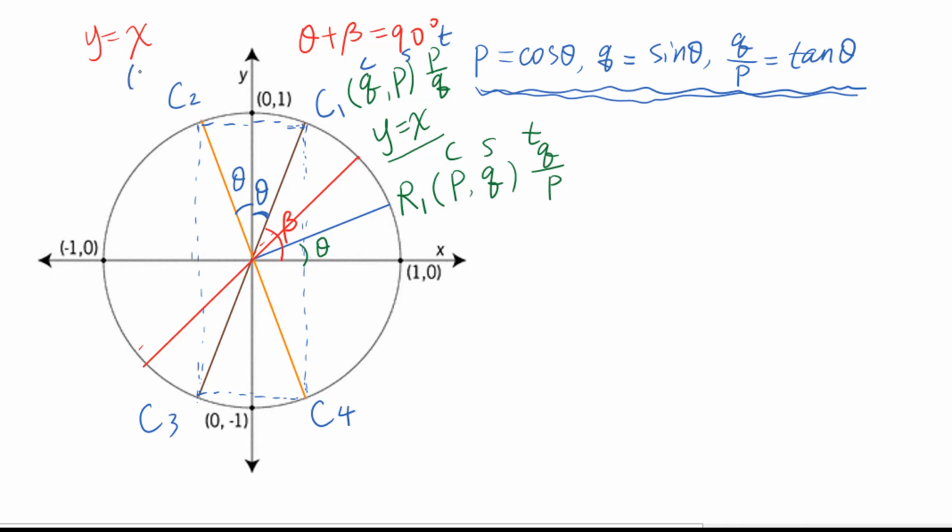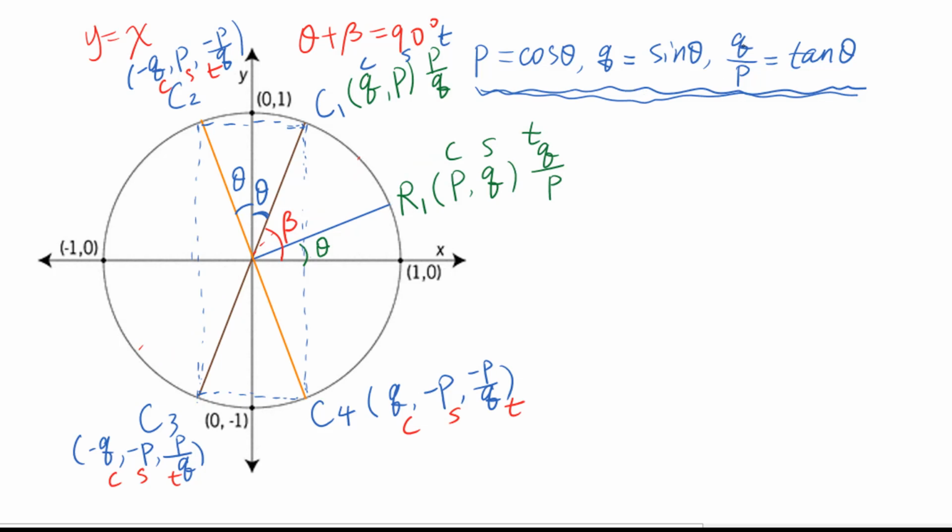It will be negative Q, P, and negative P over Q. For C3, you will get negative Q, negative P, and P over Q. For C4, you will get Q, negative P, and negative P over Q.